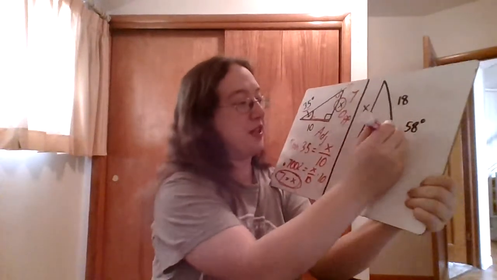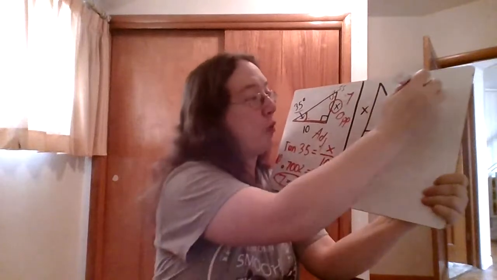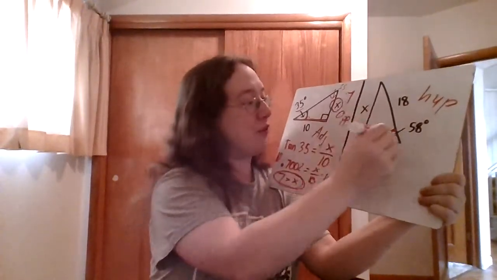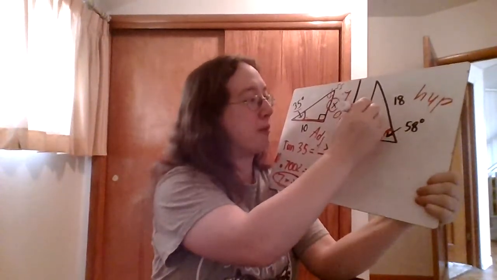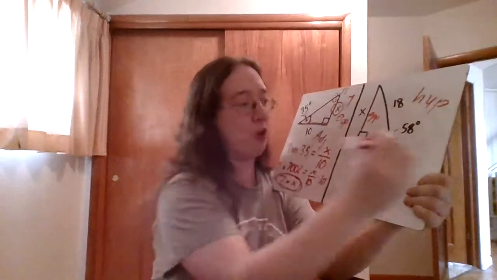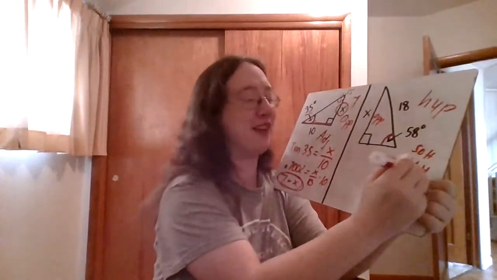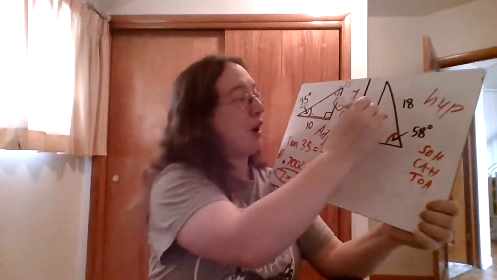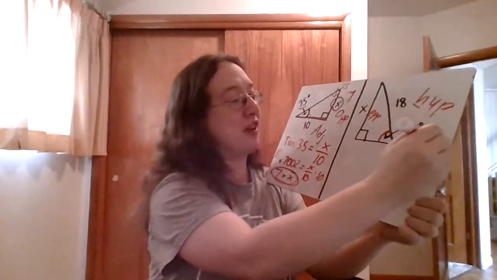If we've got 58 degrees here, if we're looking at this angle, again, your longest side is always your hypotenuse. So that's your hypotenuse. And the side across from our angle, the one that's not touching it, that's our opposite side. So if we're thinking SOHCAHTOA, you're going to get sick of me saying SOHCAHTOA. If we have our hypotenuse and we want our opposite side, opposite and hypotenuse is your sine.